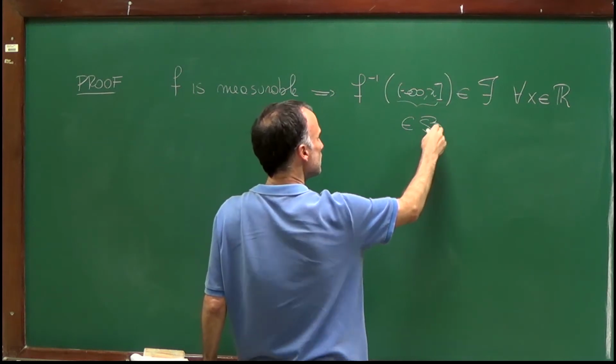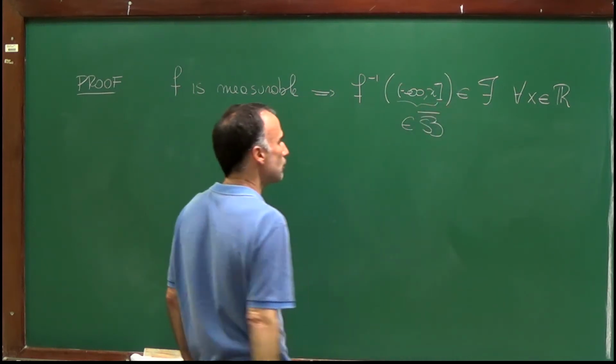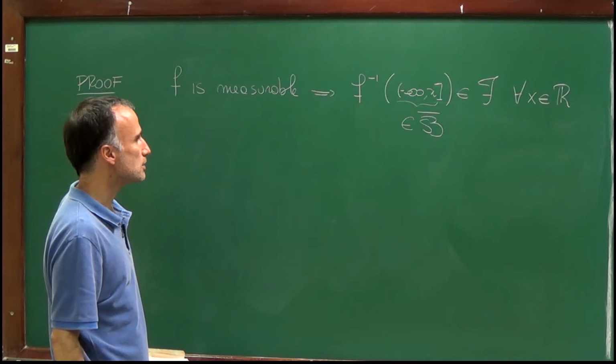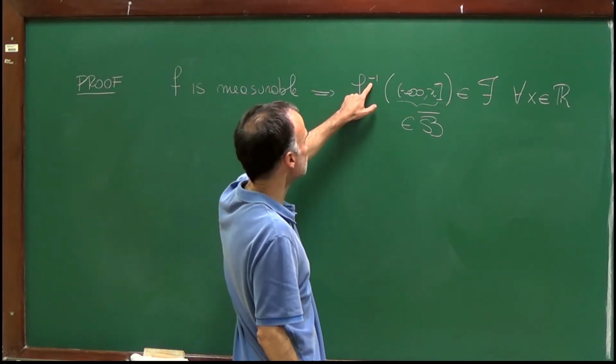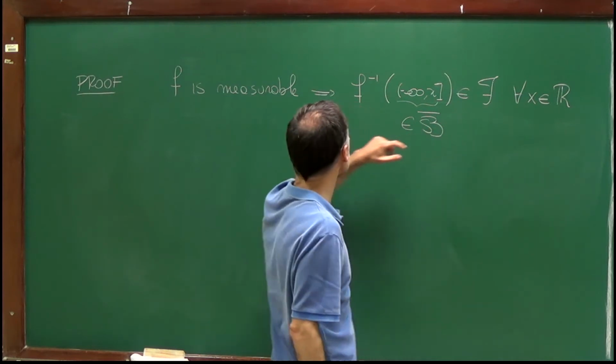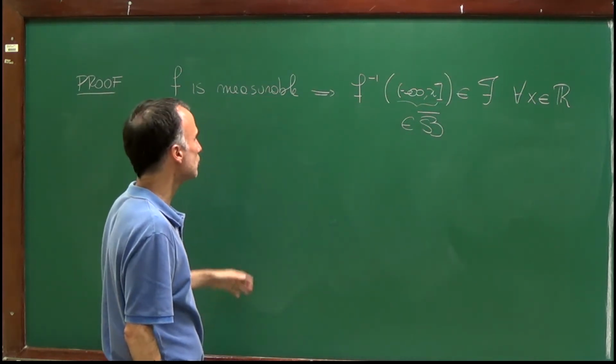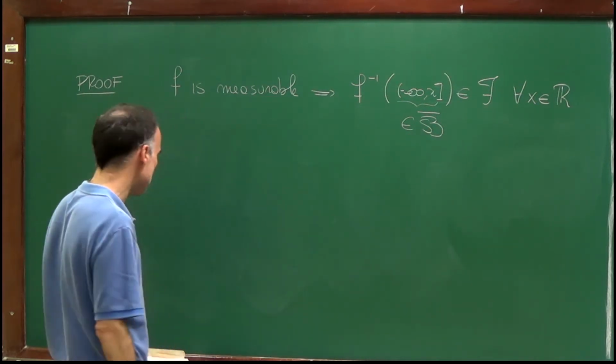Therefore, it belongs to the extended sigma algebra B bar. And therefore, by definition, its inverse image belongs to F because f is measurable. So this direction is elementary.